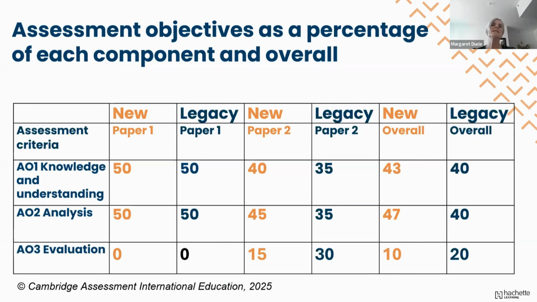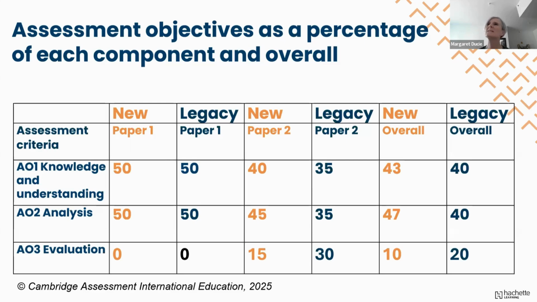So first of all, this slide contains the changes overall with both papers. You will see on the last 2 columns, one of the major changes to the assessment objectives is there's only 10% now overall for evaluation compared to 20% at the moment.